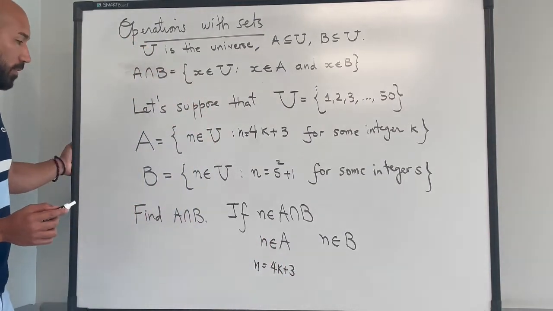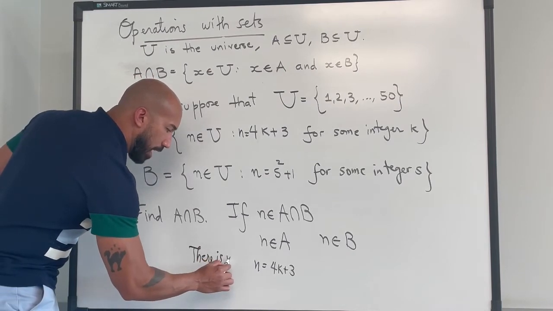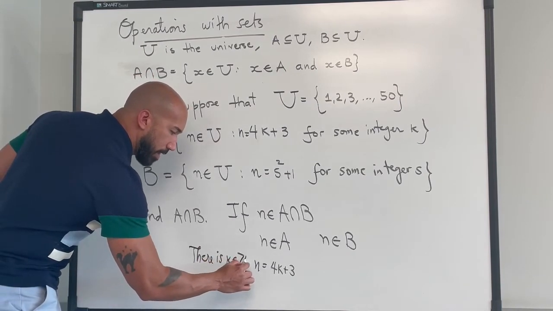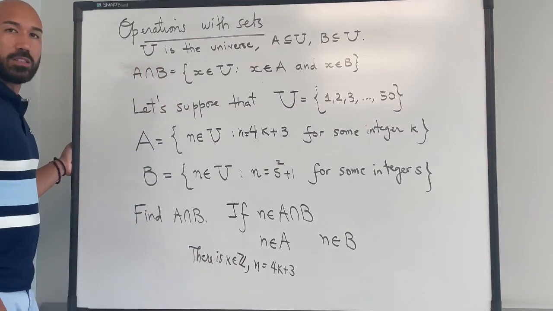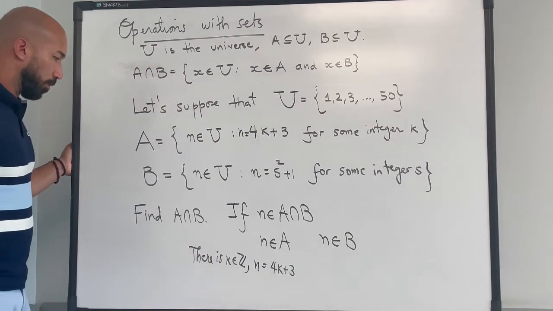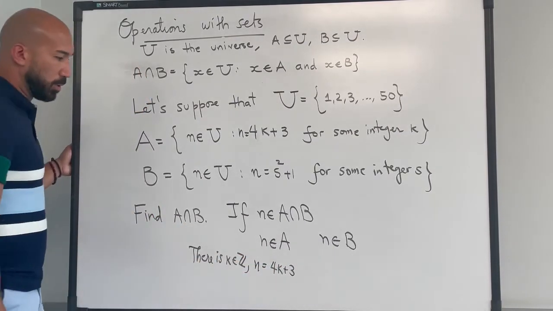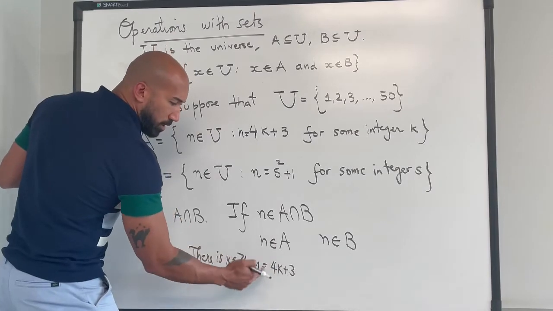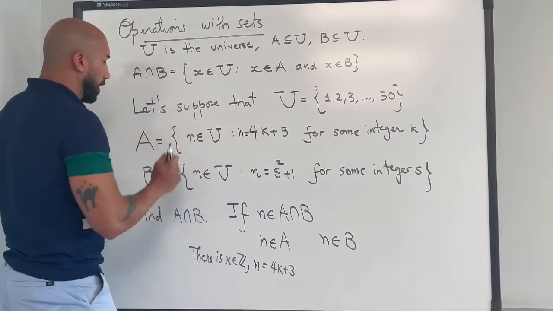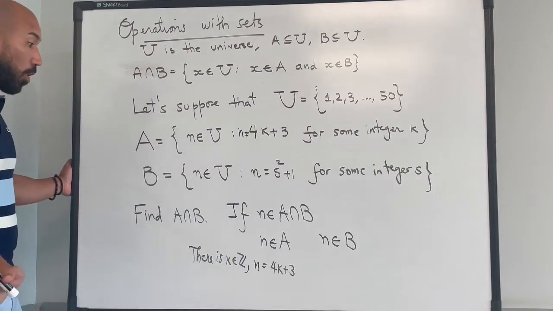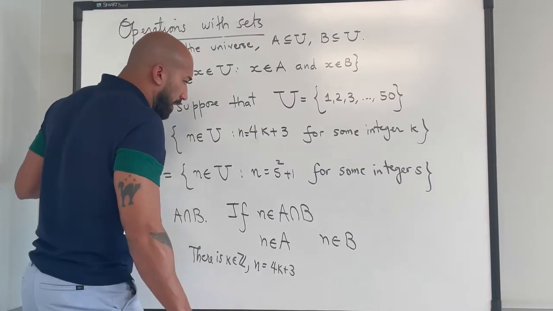So there is k integer, and this fancy Z is the notation for the set of integer numbers. We can conclude this because this is the property that every element in the set A satisfies, and only the elements in the set A satisfy. Okay?